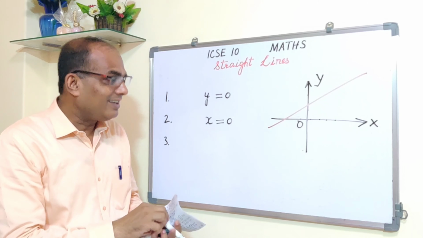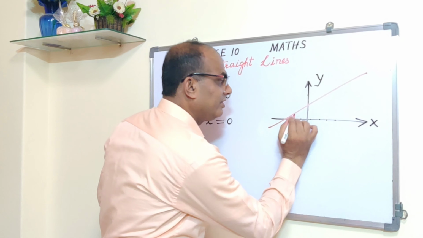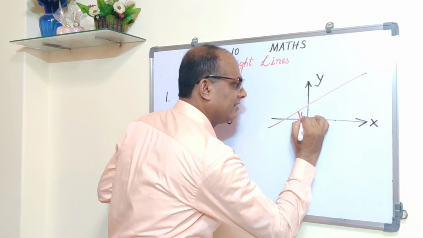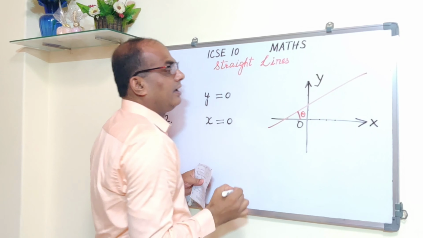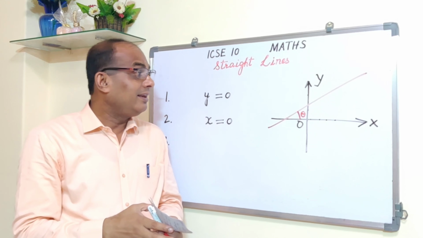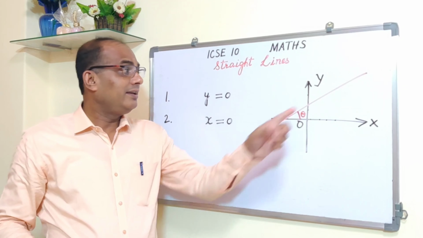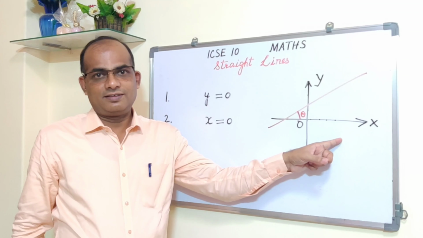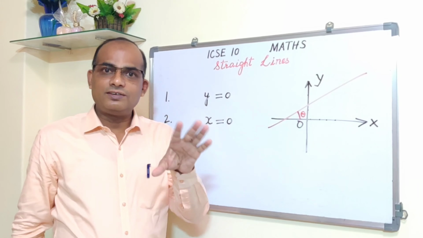First, when theta is given, when the inclination of this line with the x-axis is given. This angle is theta. We say that this line is making an angle of theta with the positive direction of x-axis.